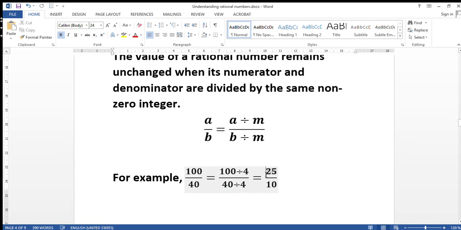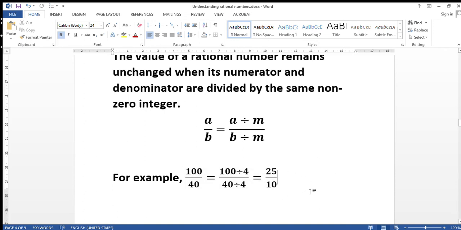This is the example in your textbook. Although we can still reduce this part to the lowest term. So we can divide both sides by 5. So 25 divided by 5, and then 10 divided by 5.